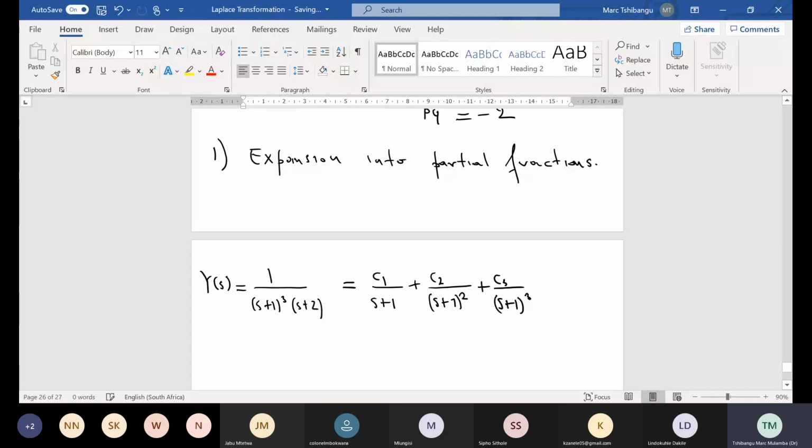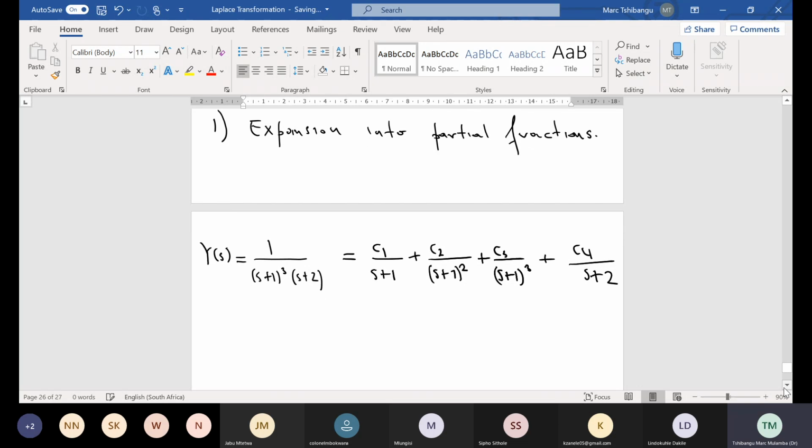So when you have multiple roots, all right, plus C4 over s plus 2. So this is how you expand this function into partial fractions.